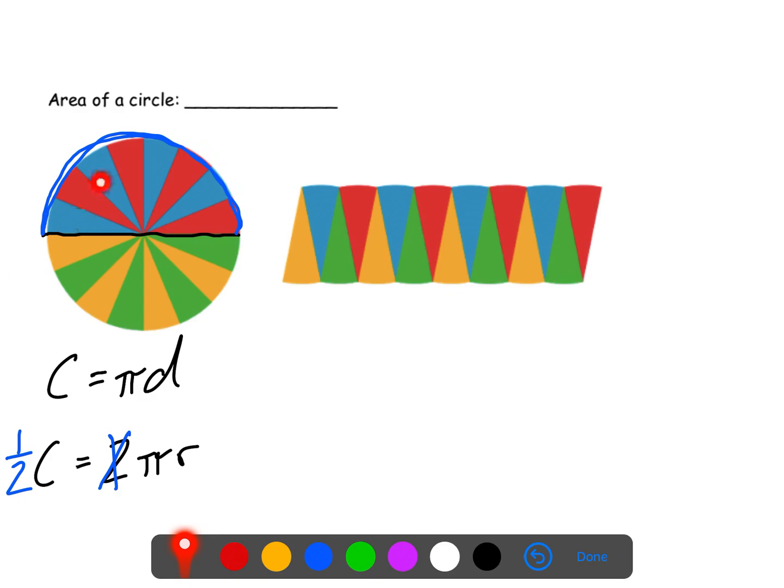So you can see we had 4 blue sections, which are here, and 4 red sections, which are here. And then the same with the yellow and green across the bottom, but they're all sawtooth to one another like shark's teeth, put together and forming this shape that's very similar to a parallelogram.